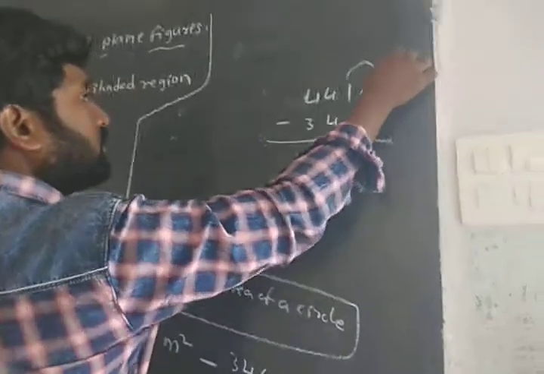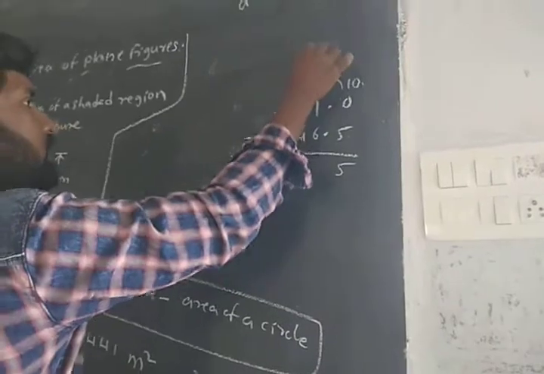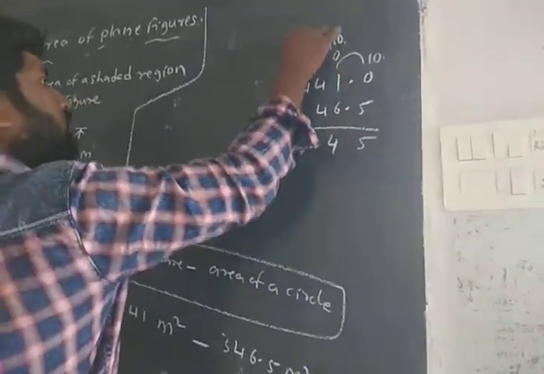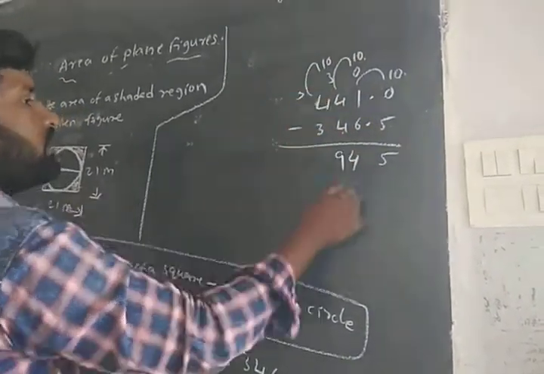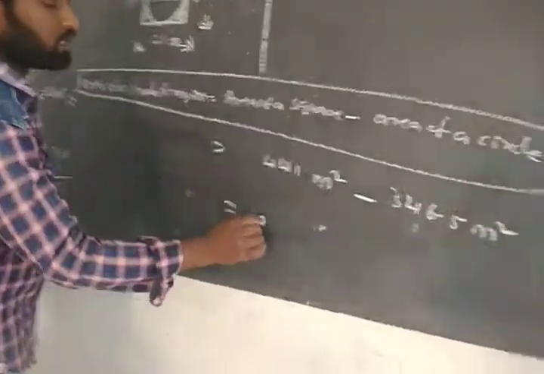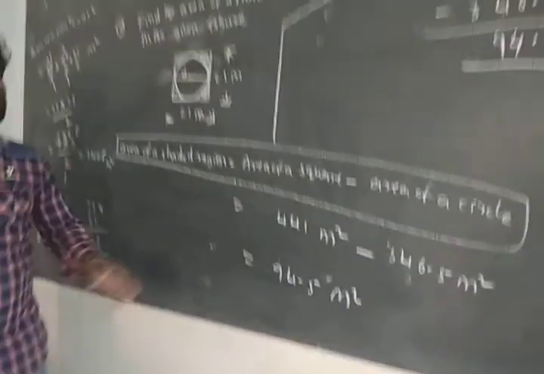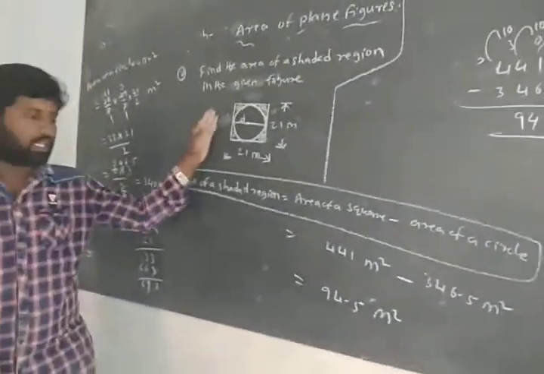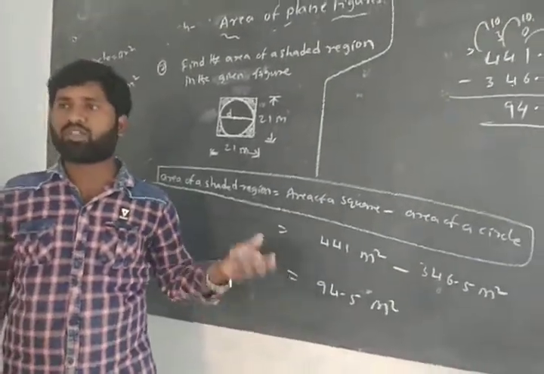Taking borrow, 10 minus 5 is 5. This becomes 0. Again take borrow, 10 minus 6 is 4. Here 3. Again take borrow, 13 minus 4 is 9. Here 3, so we get 94.5 square meters. So the area of the shaded part in the given figure is 94.5 square meters.